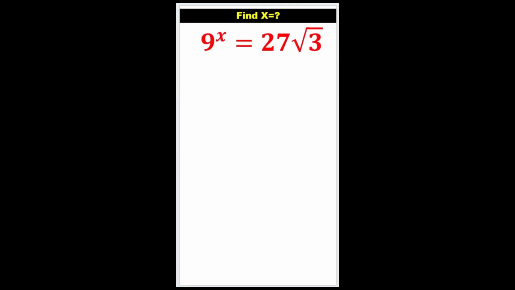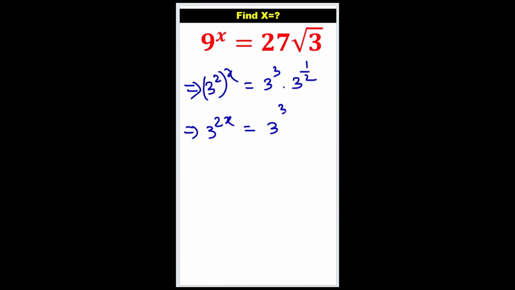Find x. Here is 9 to the power x equals 27 root 3. We can write it like this: 3 square to the power x, and this 27 we can write 3 cube into root 3, which we can write as 3 to the power 1 by 2. So here is 3 to the power 2x equals 3 to the power 3 plus 1 by 2.